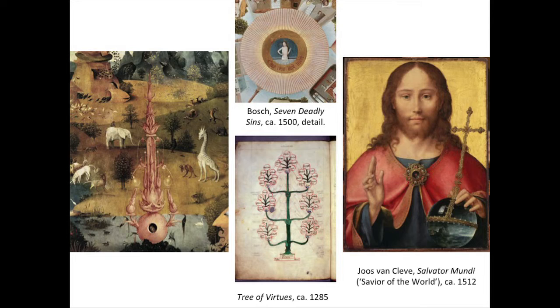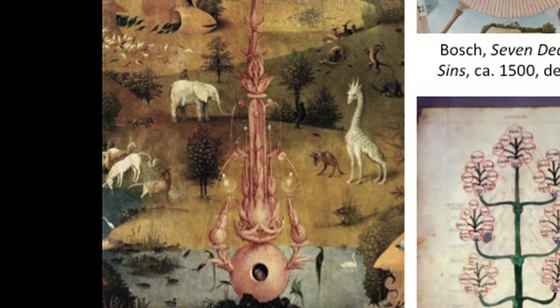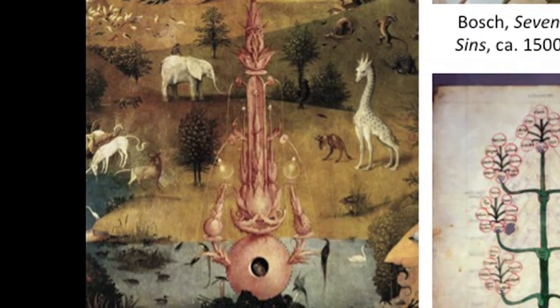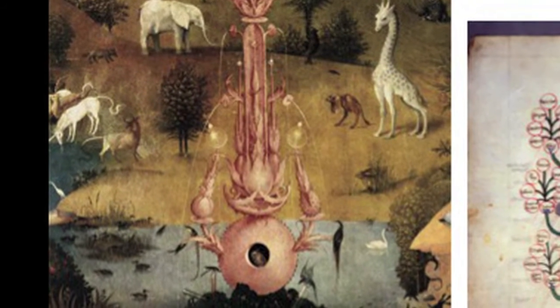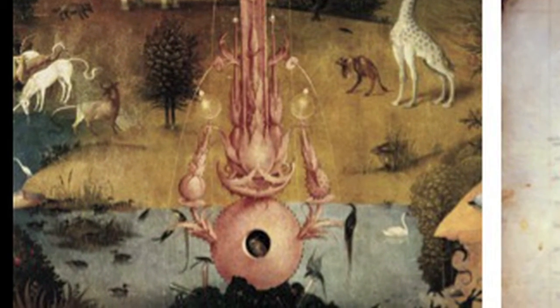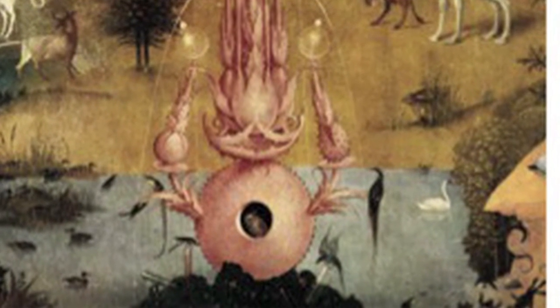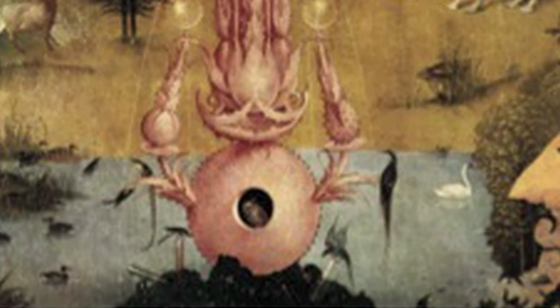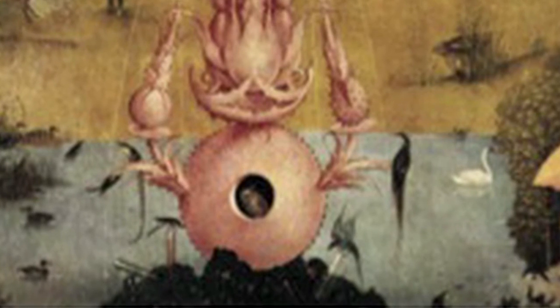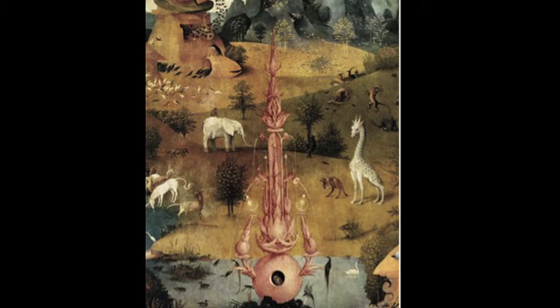At the heart of the fountain is an owl, a creature of the night, a creature often associated with, on the one hand, cunning, and on the other hand, ignorance. And the fountain, if you look closely at its elements, is somewhat geological and somewhat vegetal and somewhat animal.